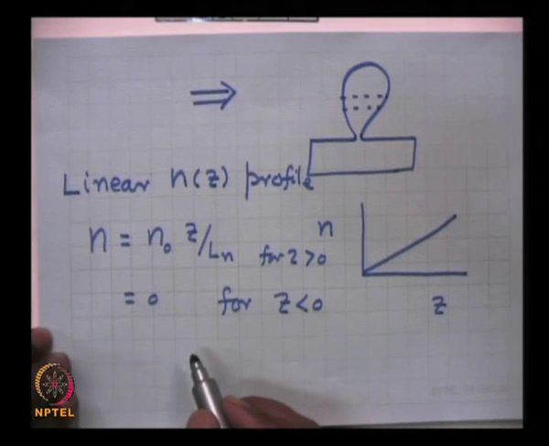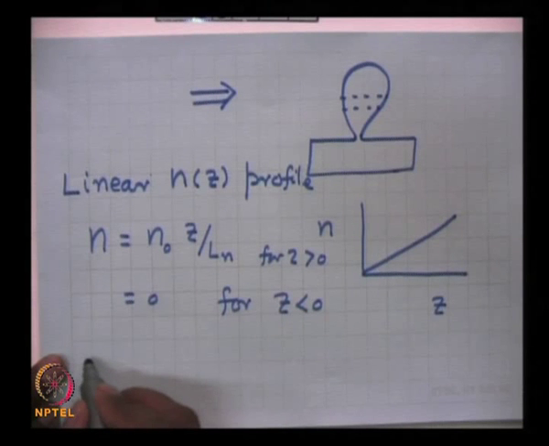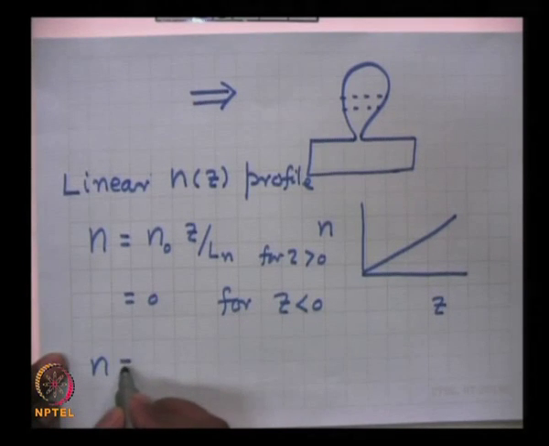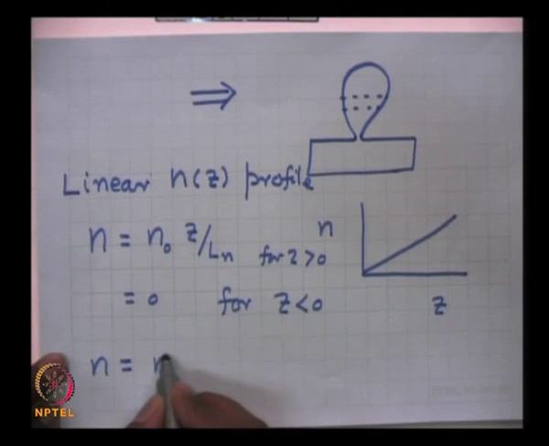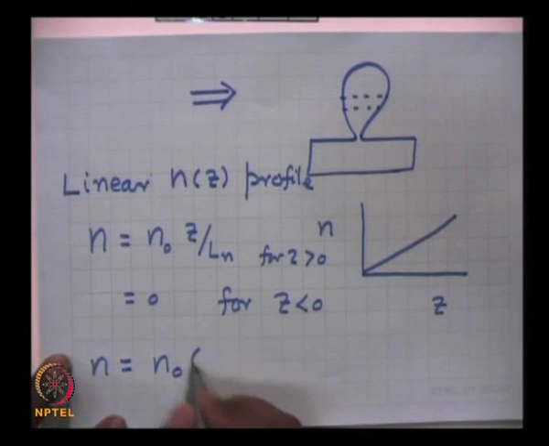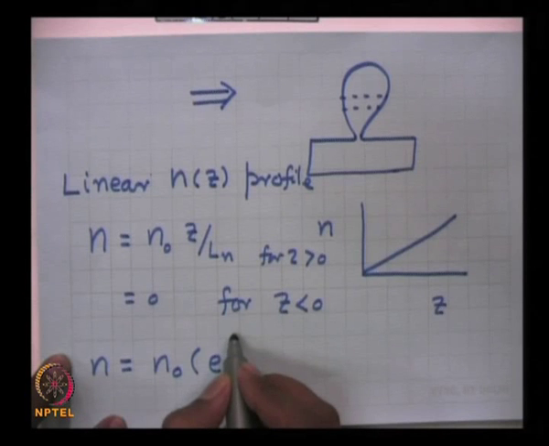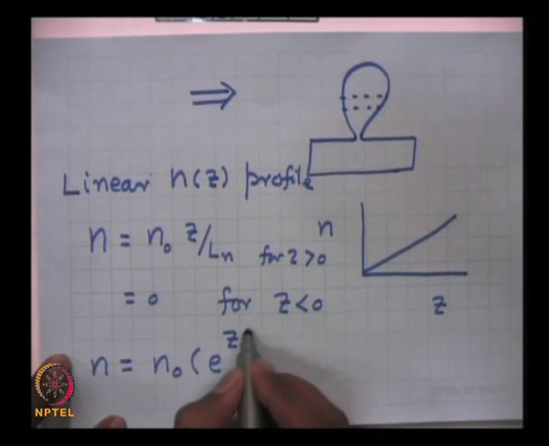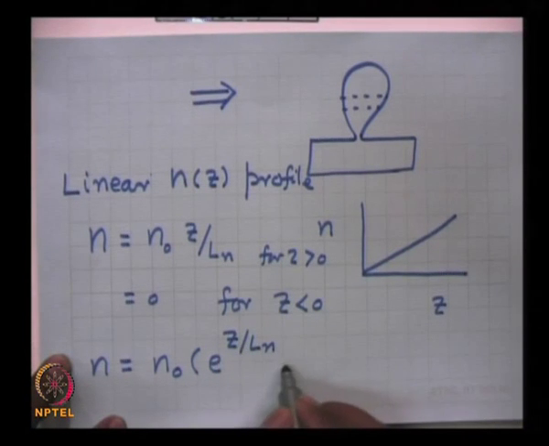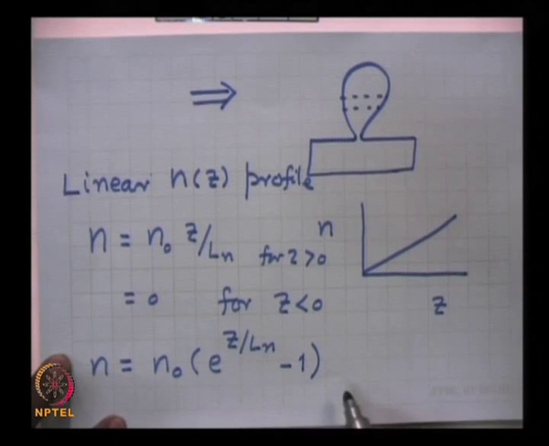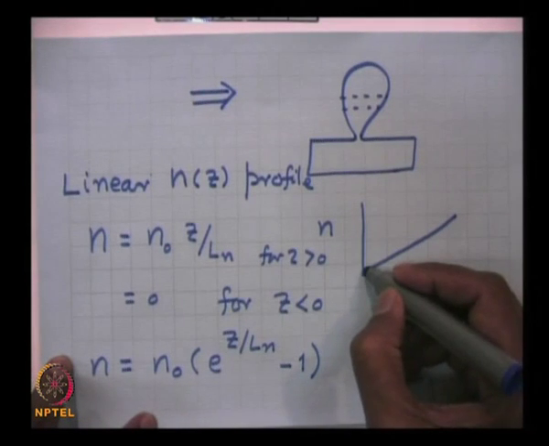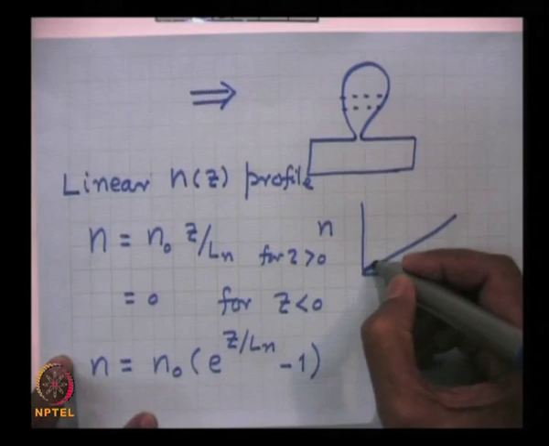In some cases, you may have exponential density profile, where density varies as some constant n0 exponential of z upon ln, some constant ln minus 1. In that case, the density will vary a little more rapidly like this.